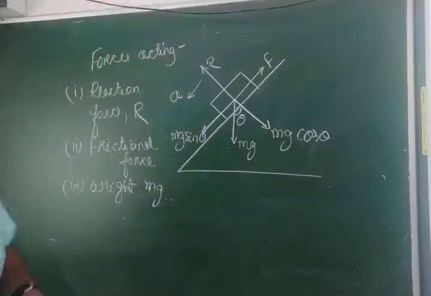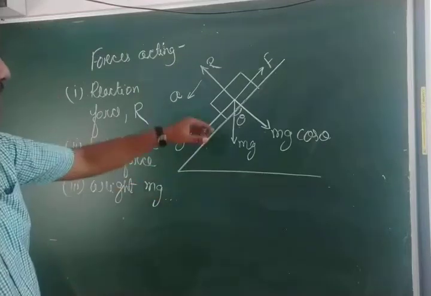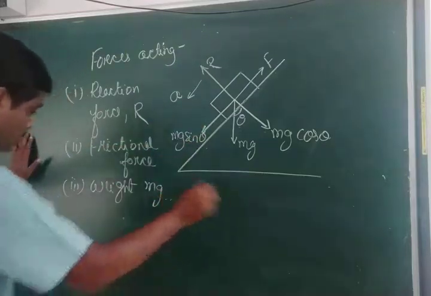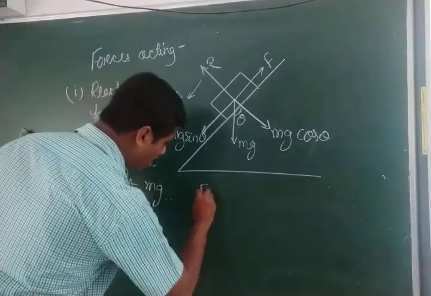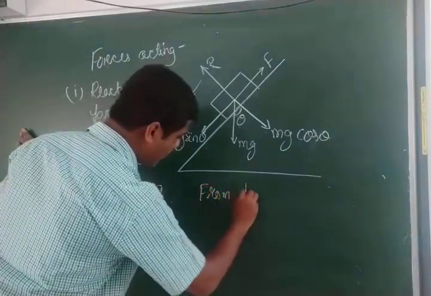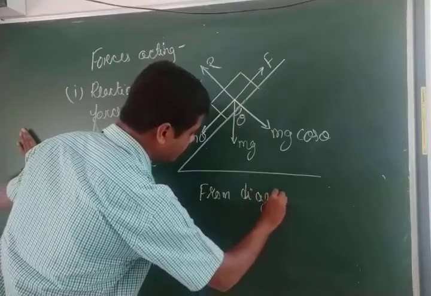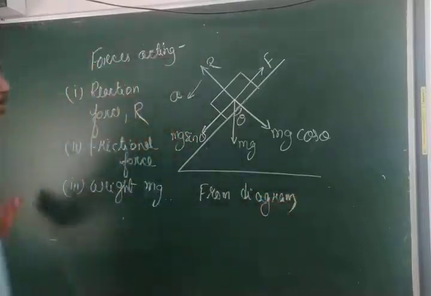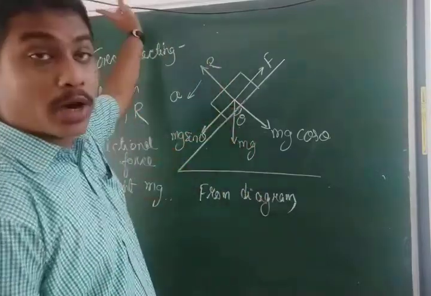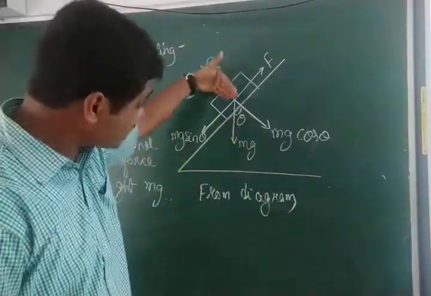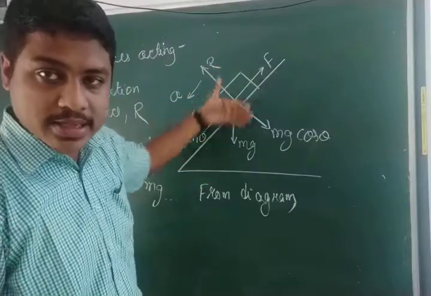Now from the diagram, since your object is not moving upwards, it is not moving outwards, it is sliding downwards.